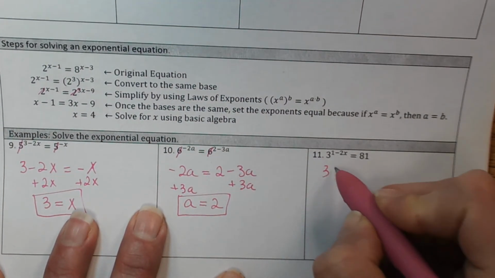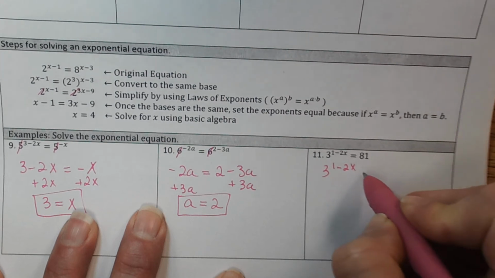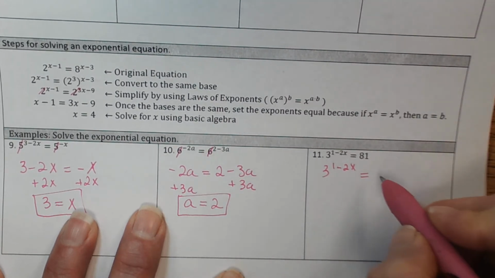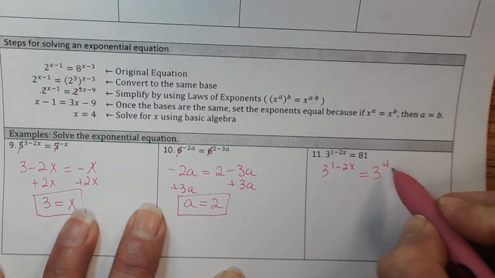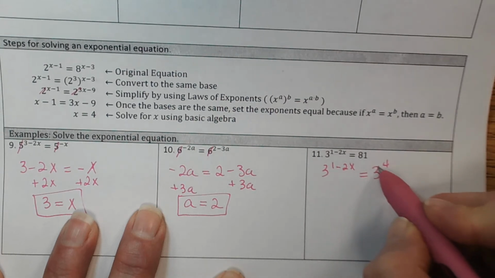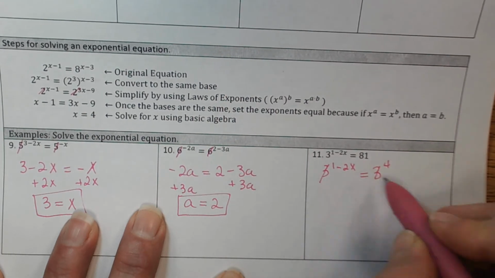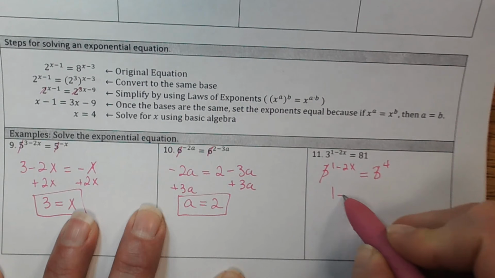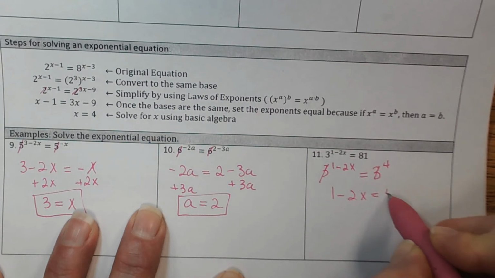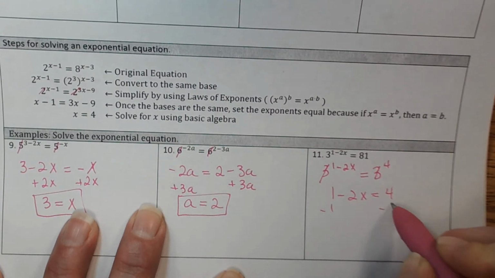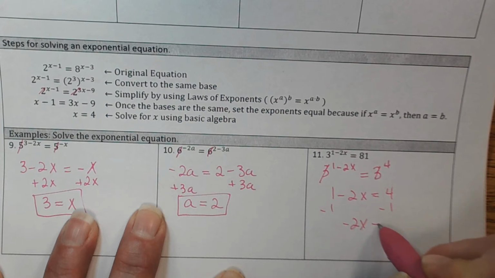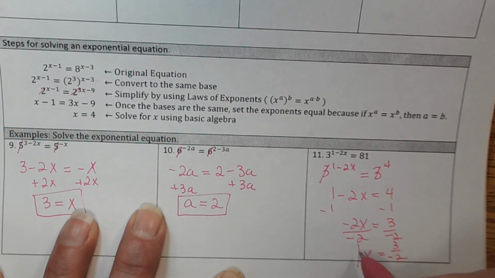I would leave my 3 to the 1 minus 2x, and then I would simplify this to 3 to the 4th. All right, I'm going to cancel out my bases because my bases are the same, so now my exponents must be equal. So I'm going to subtract 1. I have negative 2x is equal to 3, and divide by negative 2. So x is equal to 3 over negative 2.